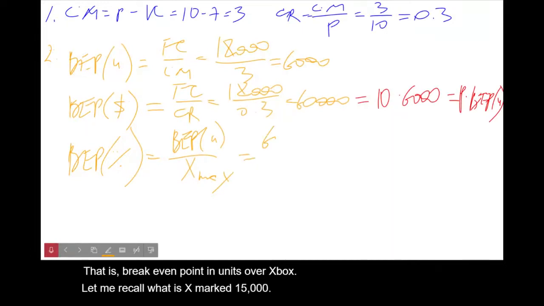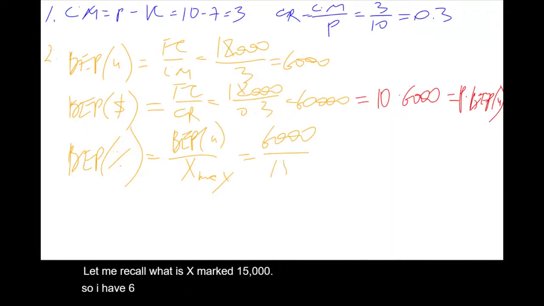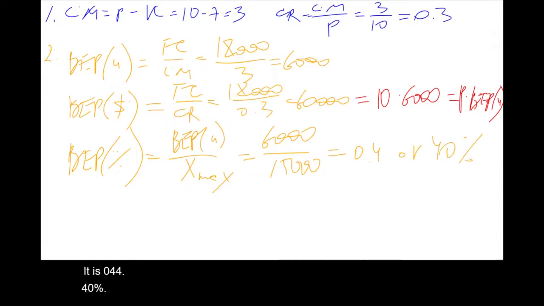So I have 6,000 over 15,000, and it is 0.4 or 40%. That's it. Any questions so far? No questions. Okay, let me know when we can continue.